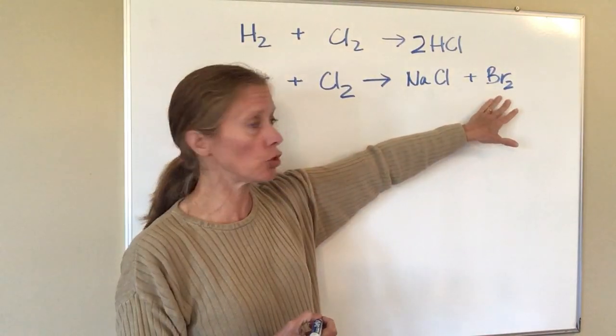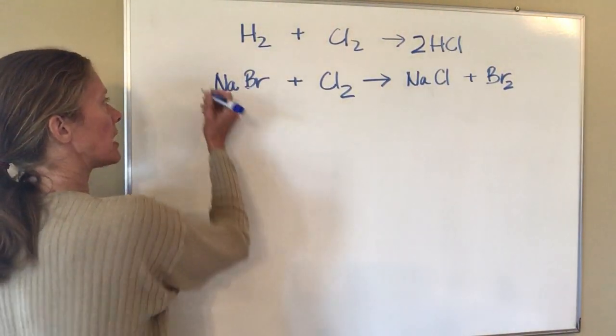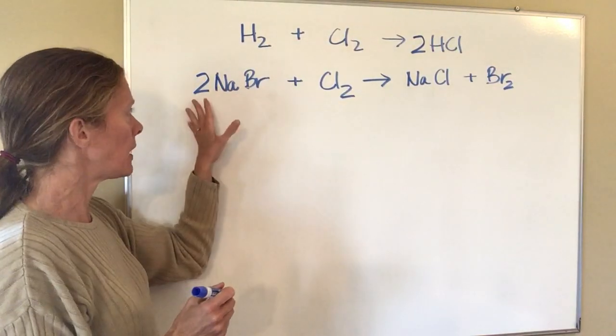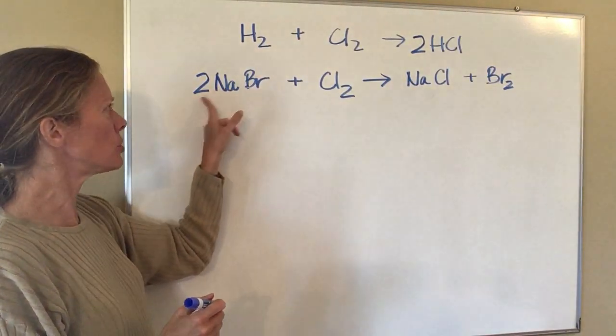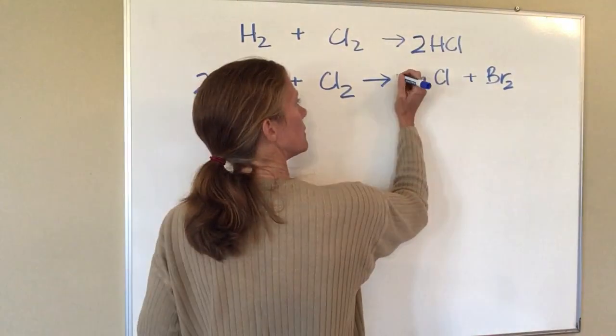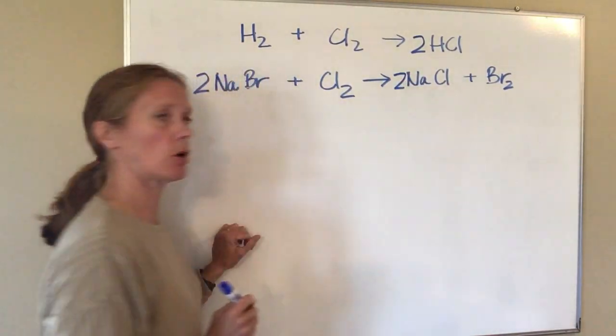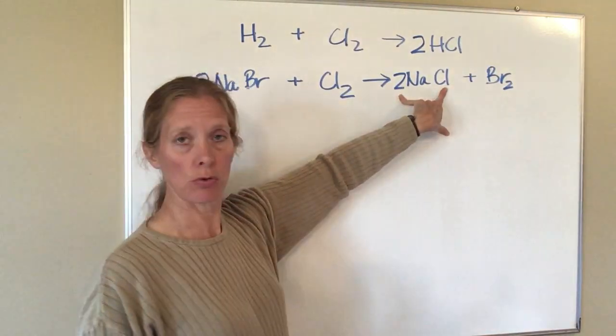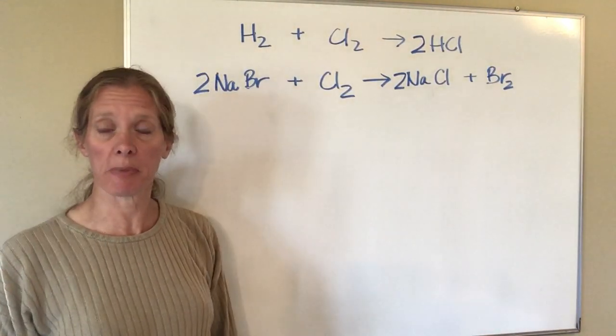So if I have 2 bromines over here, I'm going to have 2 on this side, so I'm going to put a 2 in front. Now I have 2 sodiums, so now I need to go over here and put a 2 in front of those sodiums. I have 2 chlorines here, and I have 2 chlorines here, so now I have everything balanced.